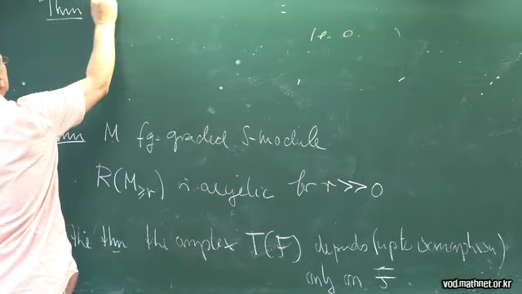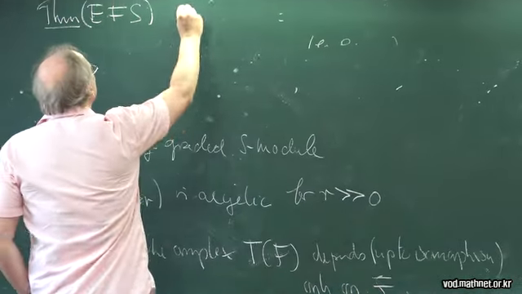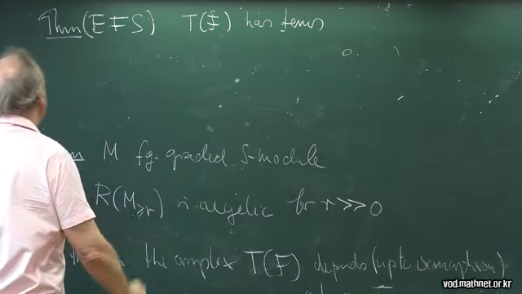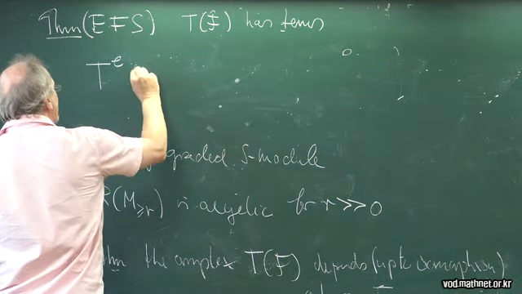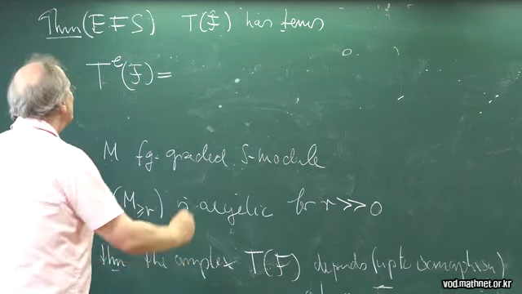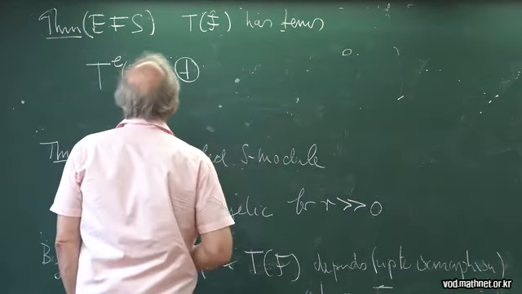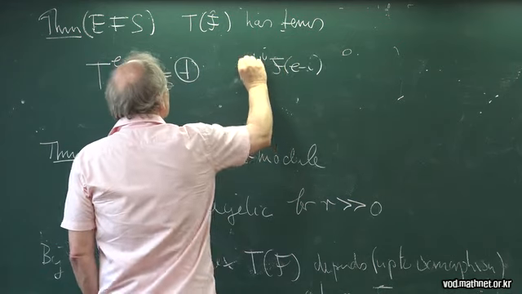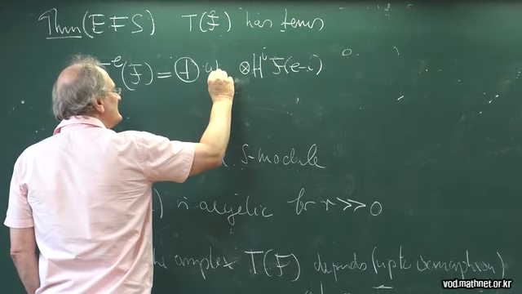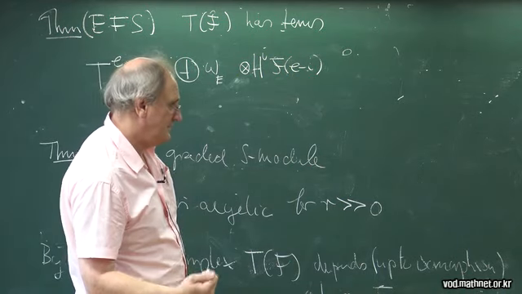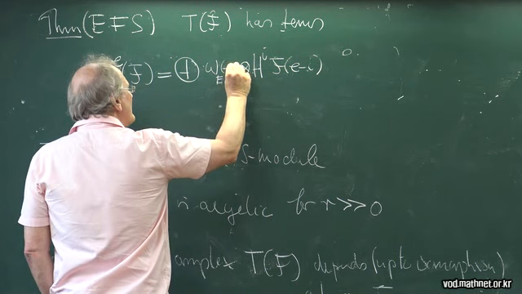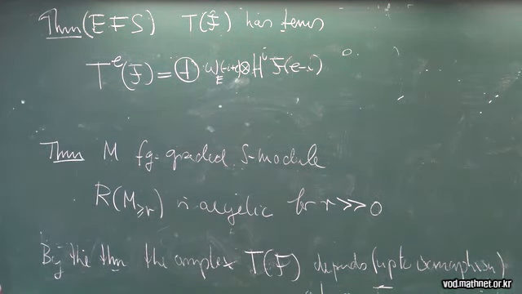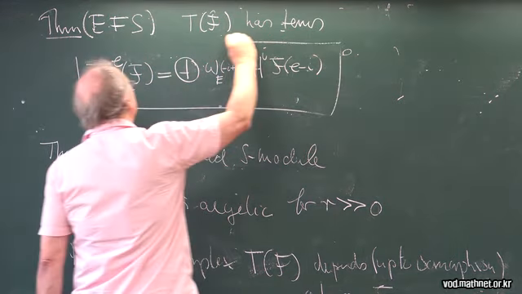Theorem of Eisenbud, Fløystad, and myself: the T of F has terms T^e(F), which is going to be the direct sum of H^j(F(e-j)) tensor omega_E(j-e).